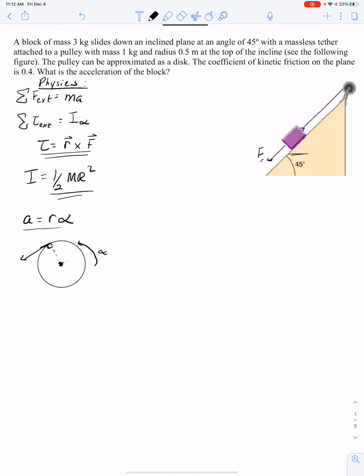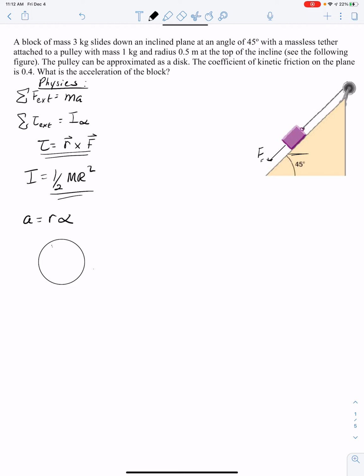It can be experienced here. Angular acceleration is the same here as it is here. The angular acceleration is equal in every part of the circle. But when we talk about the tangential acceleration, it is a little bit different.